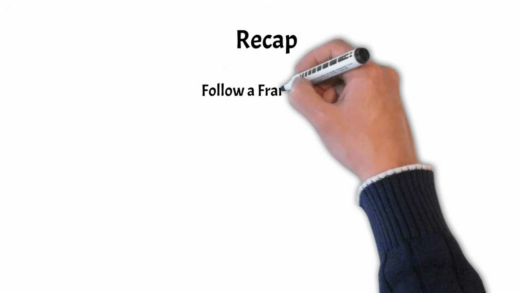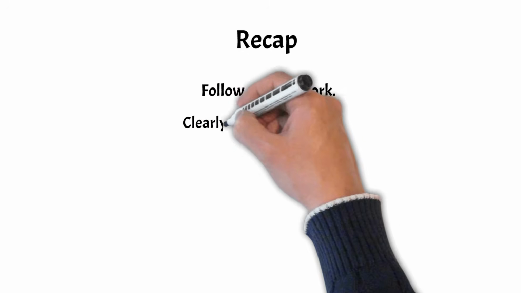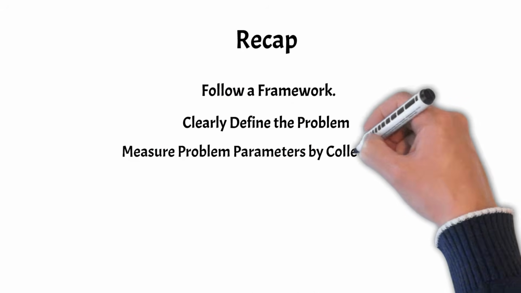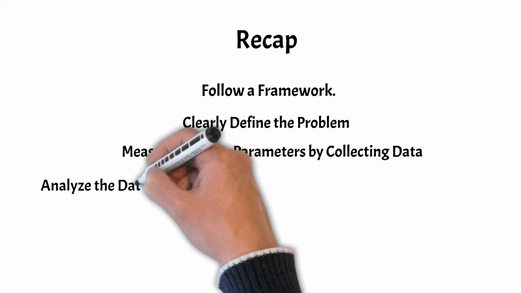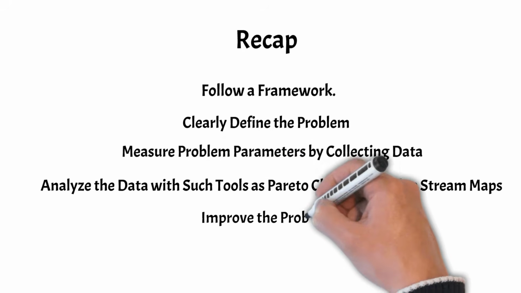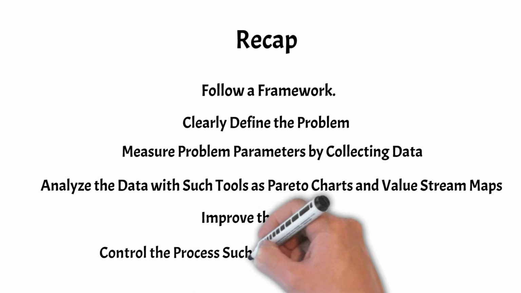To recap the basic issues of a Lean Six Sigma study, follow a framework, clearly define the problem, measure the problem parameters by collecting data, analyze the data with such tools as Pareto charts and value stream maps, improve the problem, and control the process such that it continues to meet goals.